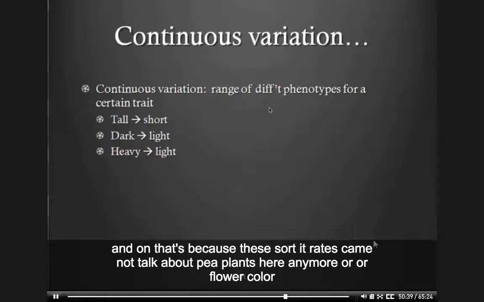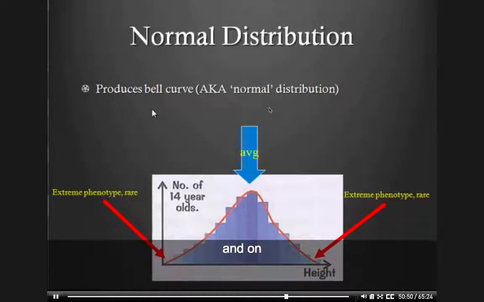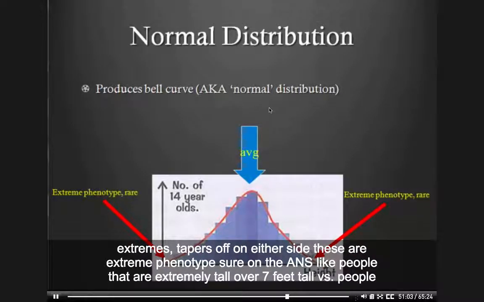And that's because these sort of traits, okay, we're not talking about pea plants here anymore, or flower color. We're talking about things where there's a lot of variation. And they all tend to fall into what is known as a normal distribution, with the majority of individuals falling in the middle, and the frequency of the extremes kind of tapers off on either side.